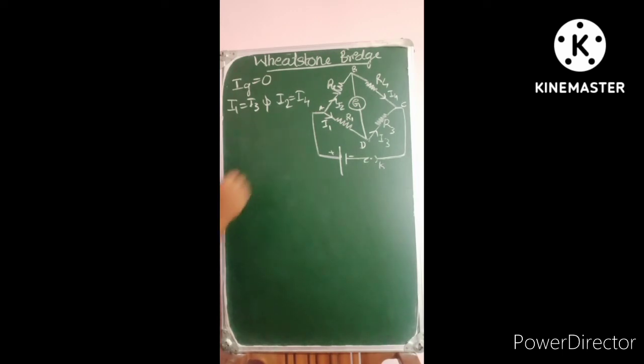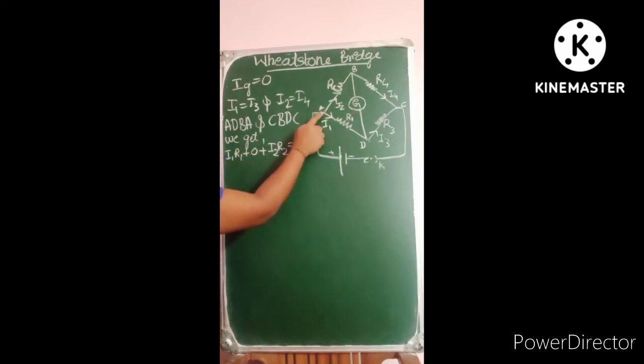Now we apply Kirchhoff's loop rule to the closed loops A, D, B, A and C, D, B, C. We get I1 R1 plus 0 plus I2 R2 equals 0, where the 0 is because the current through the galvanometer is 0. Take this as equation 1.